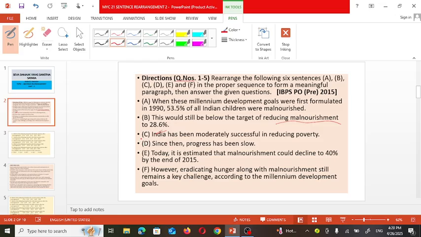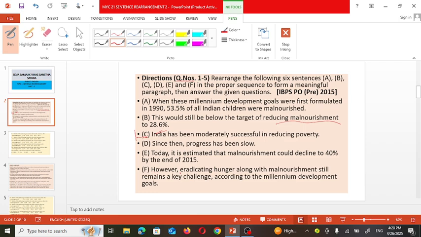Here, if you observe, sentence C will be the opening statement as it deals with the poverty around which this whole paragraph revolves. India has been moderately successful in reducing poverty. So that can be the first sentence. Now, which sentence can support this?